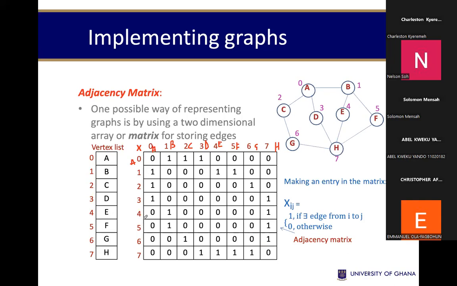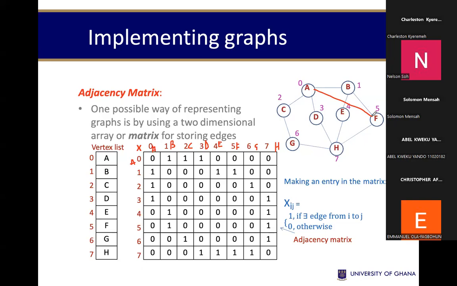But why can we not say A has a connection with F, yet we are putting 0 at that place, or it has to move directly from A to F? If it was like this, then we can say that they are adjacent. A is adjacent to B and B is adjacent to F, but A is not adjacent to F unless the line I've drawn holds. Do you understand?